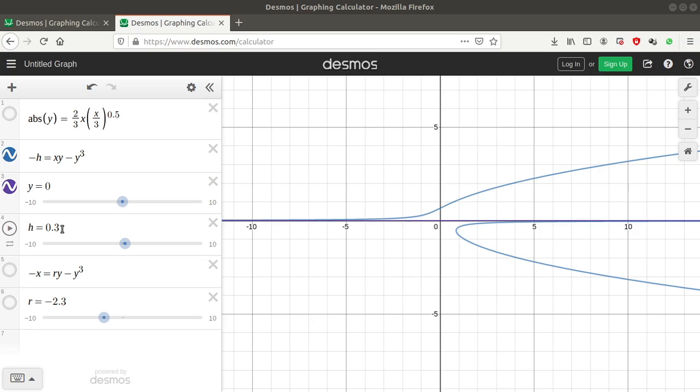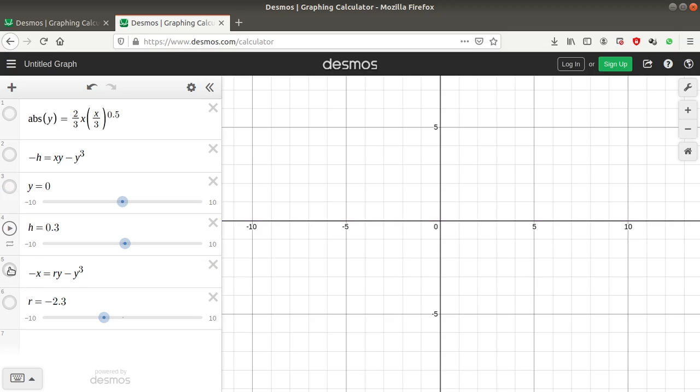Now what we are going to do is, for a fixed r value, look at how the bifurcation diagram looks if I vary h. Let's see that. So this is my bifurcation diagram for some negative value of r.